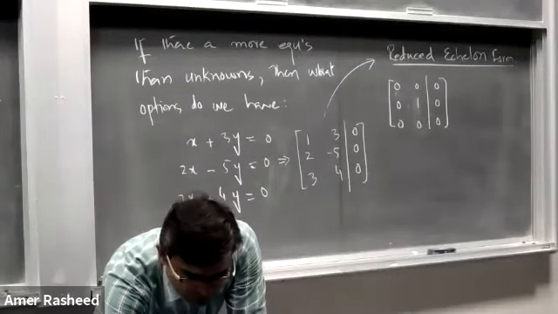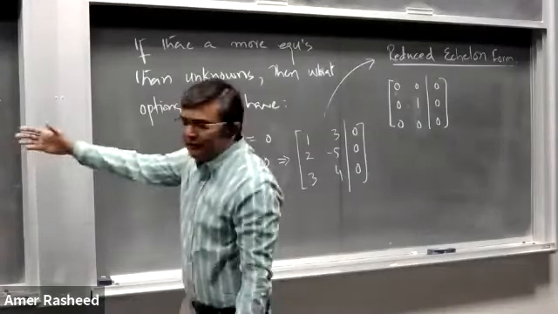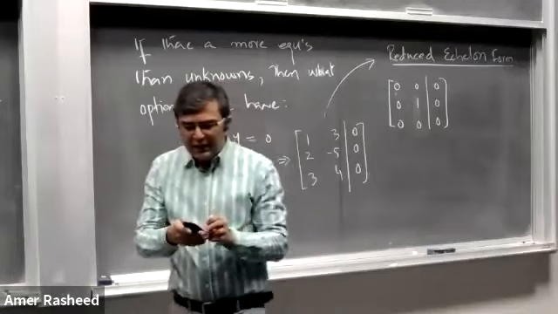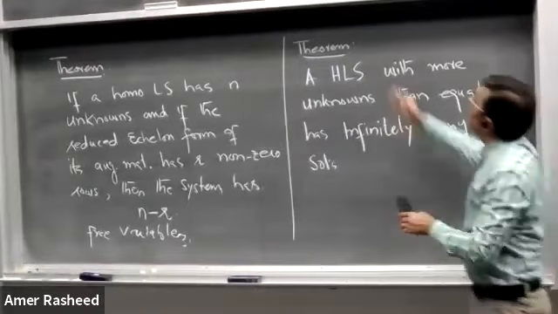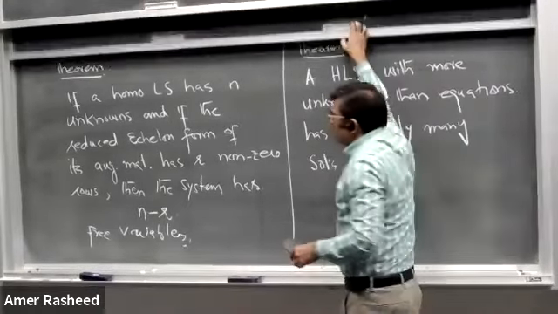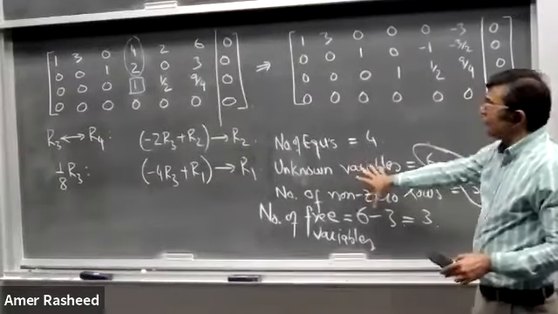If the reduced echelon form contains a 0 row, as in the previous example we discussed, there we had a 0 row. But this is the more general case.